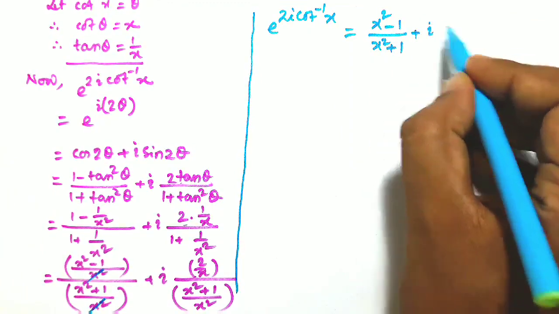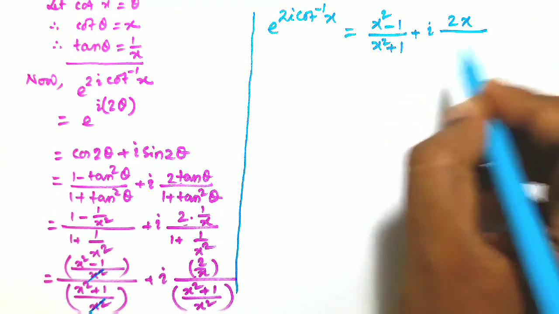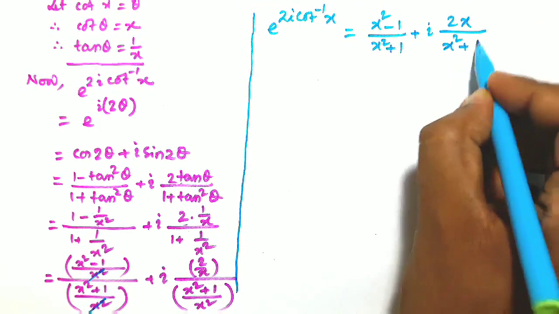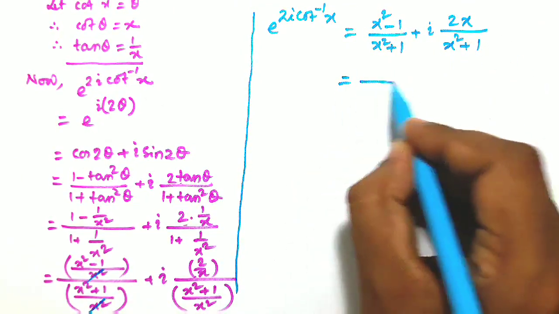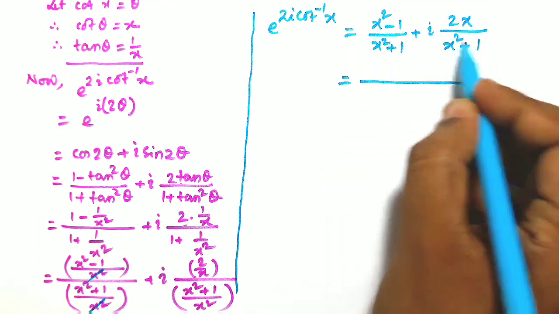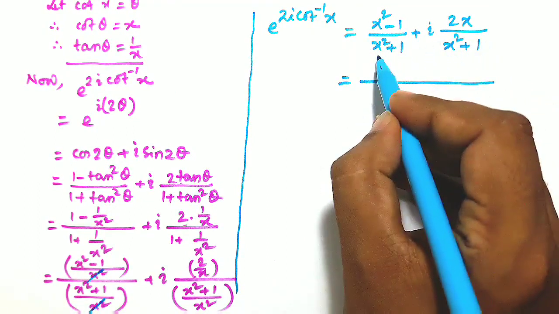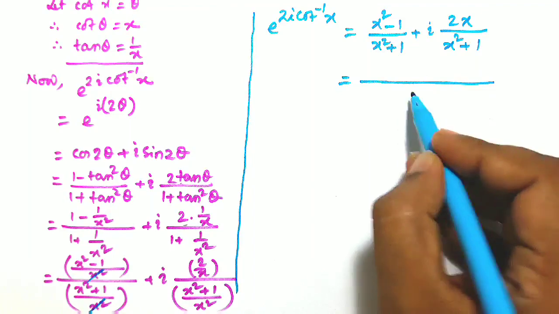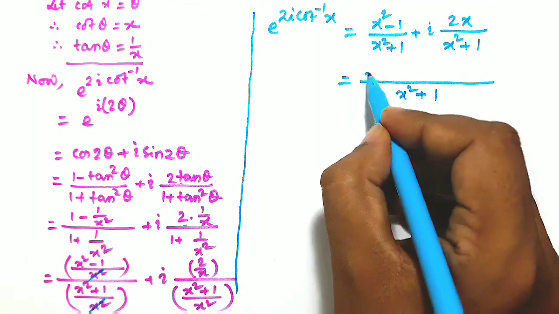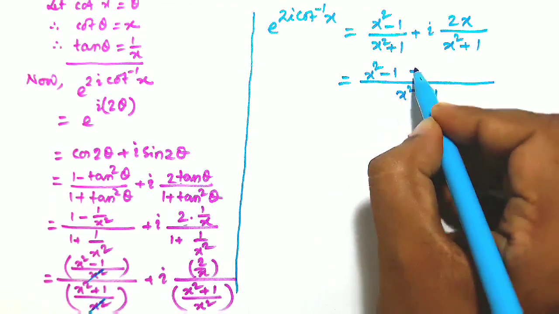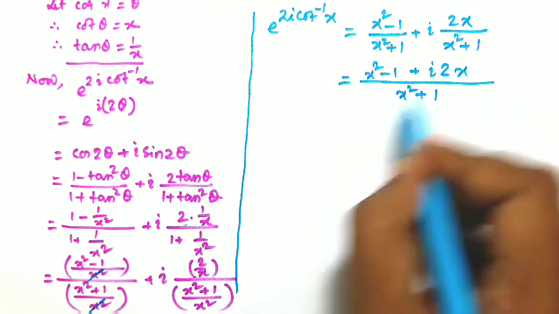Plus i into 2x upon x square plus 1. Now we shall find the LCM. The LCM of the denominators is x square plus 1. So this is x square plus 1 and the numerator becomes x square minus 1 plus i into 2x.